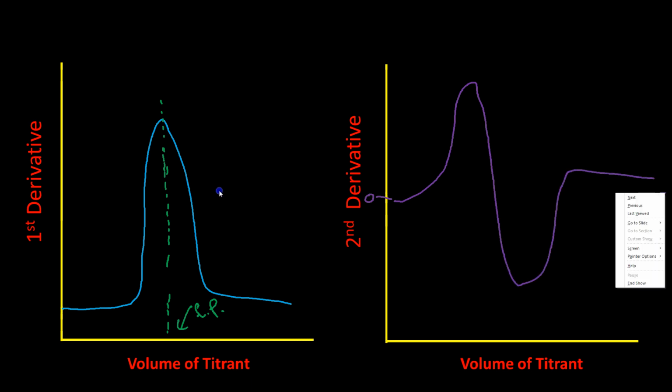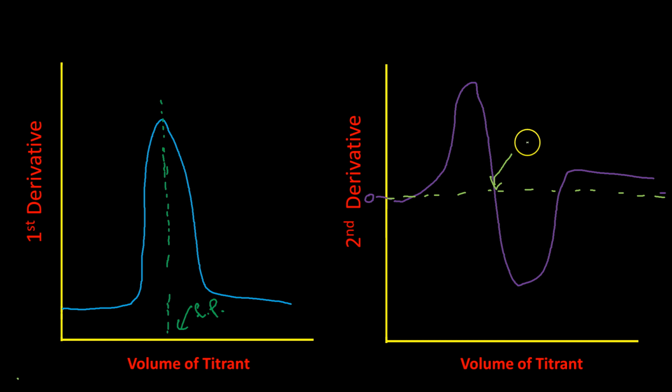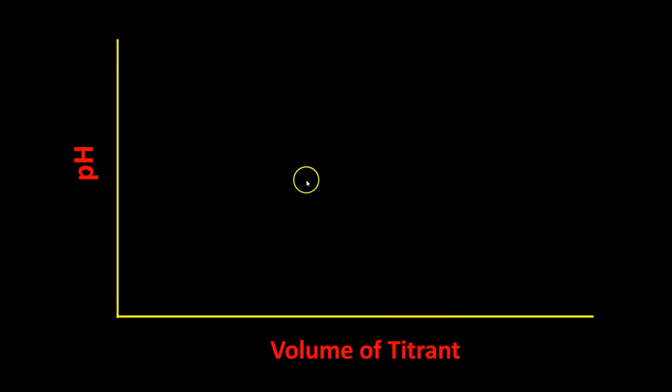So this is your 0 line. You can find really precisely where this passes through 0, and this is also your equivalence point. Right, so these are just two different ways to find the equivalence point by plotting the derivative of the data, right? And this data you're going to get by monitoring the pH while performing a titration.